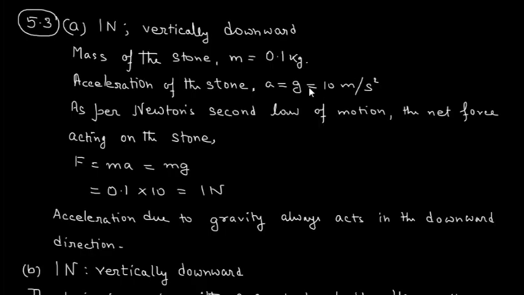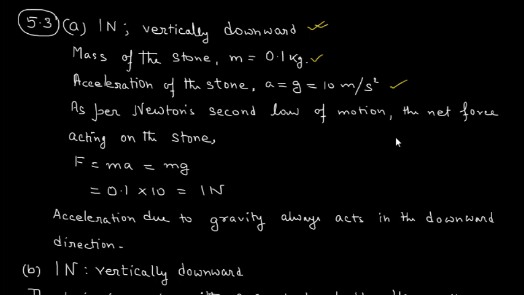So let us see the first part of the question, question A. Answer is 1 Newton. Direction is vertically downward. So we have to explain how this came. Now, mass of the stone is given, m is equal to 0.1 kg. Acceleration of the stone is given, a is equal to g is equal to 10 meter per second square.